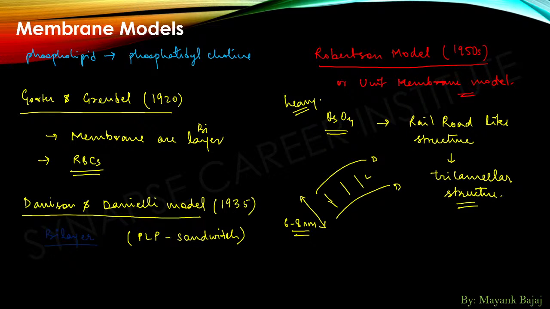Since all the different cell types showed that the underlying structure is trilamellar, that is why the Robertson model is also called the unit membrane model. Unit means one. So he proposed one kind of structure for all membranes, for all different cell types, right? That is why the Robertson model is called the unit membrane model.